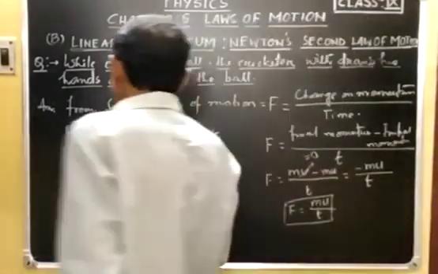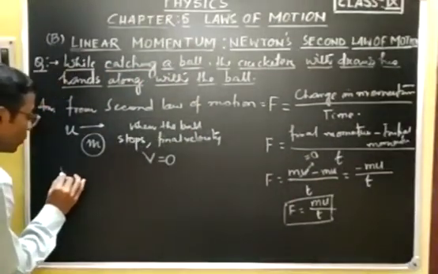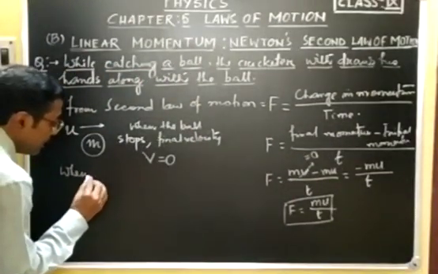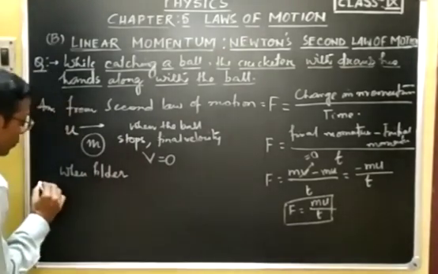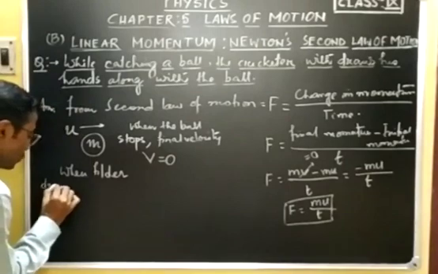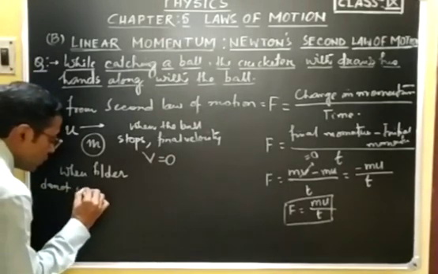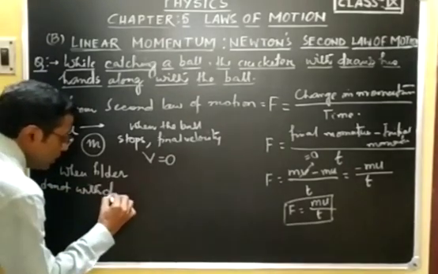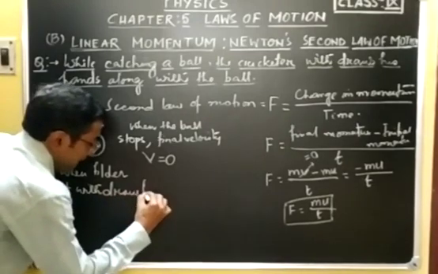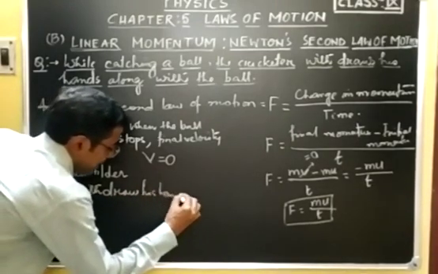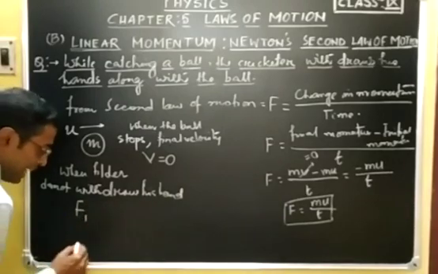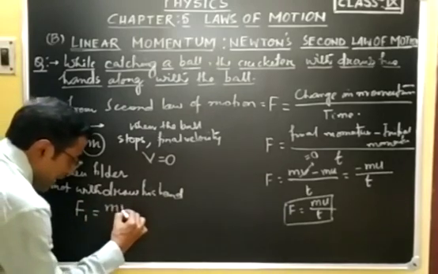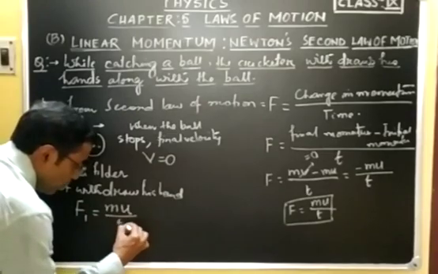So I can write: when the fielder does not withdraw his hand, the force acting on the hand of the fielder is F1 equals mu by t1.